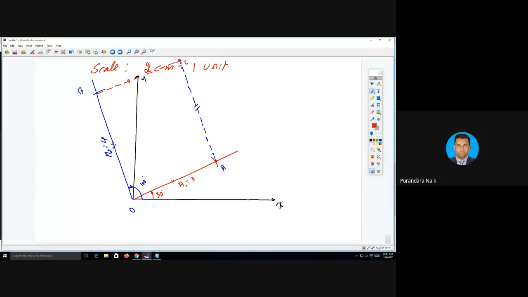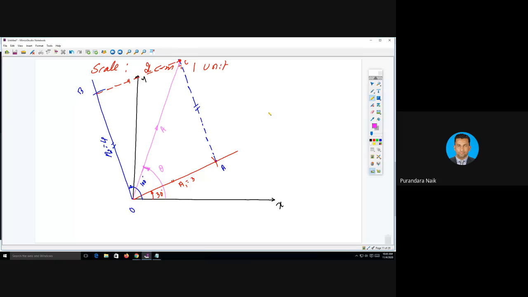Join the corner C to corner O. This is A. The corresponding angle of A is theta.